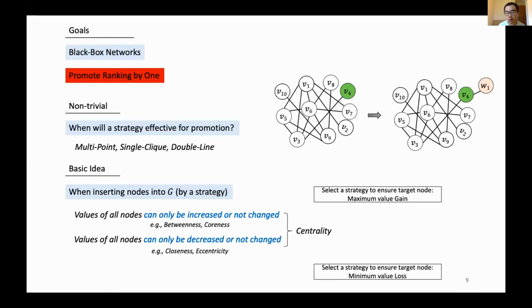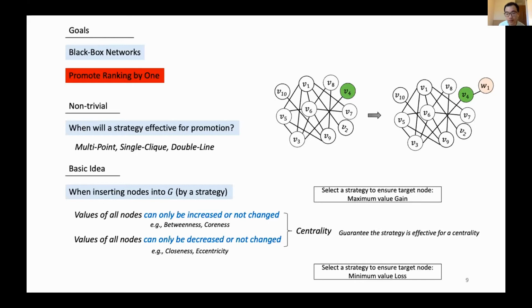We use a similar logic: if all nodes decrease their centrality values, and we ensure that the target node has the minimum loss, then at some point its ranking will be improved because its centrality decrease is minimum. So if we select a strategy using this condition, we can ensure the strategy is effective for the centrality.